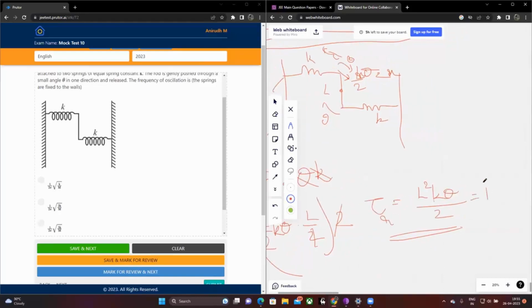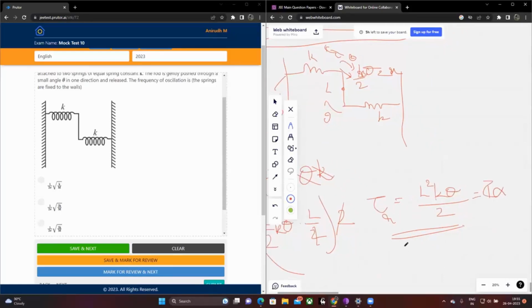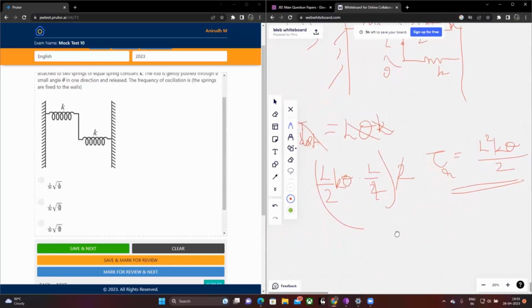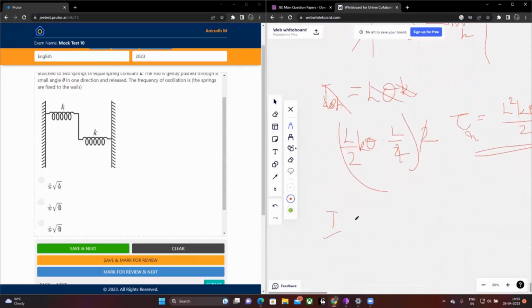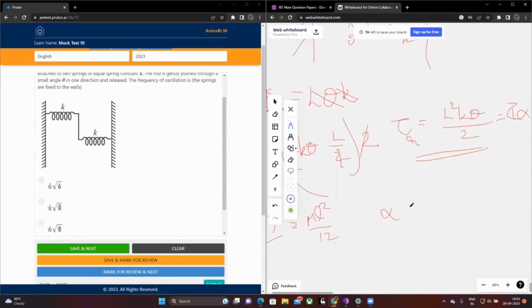And this is basically I alpha. For a rod of this format, I is equal to ml squared by 12. So alpha is going to be 6k theta by m, where m is the mass of the rod.